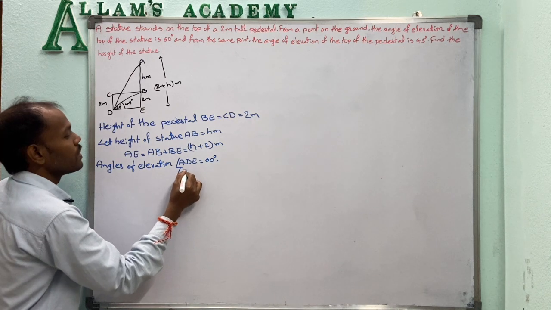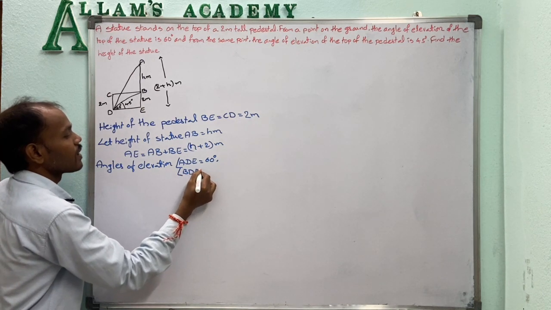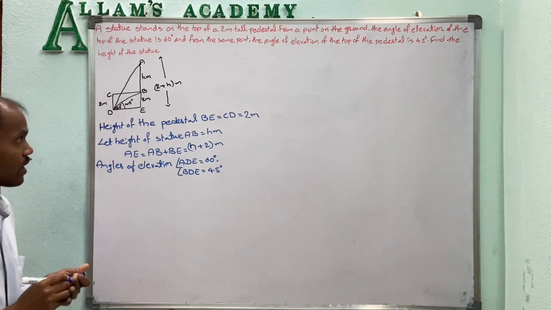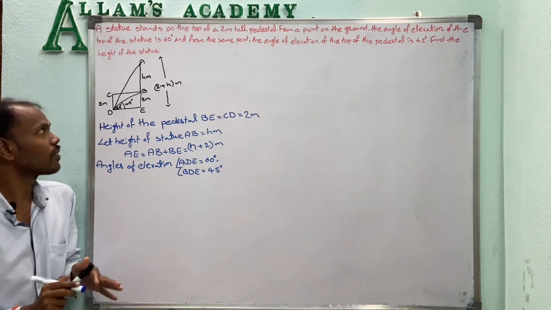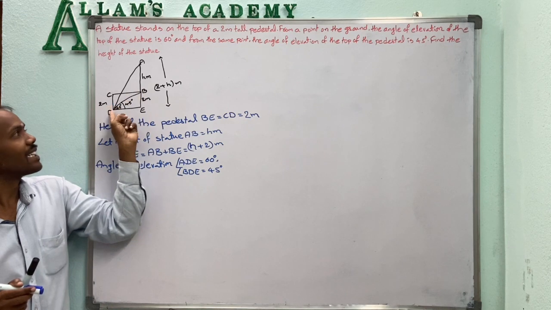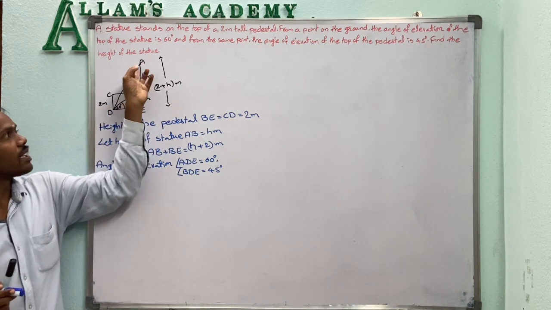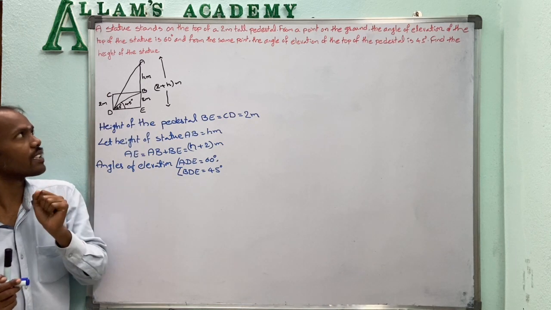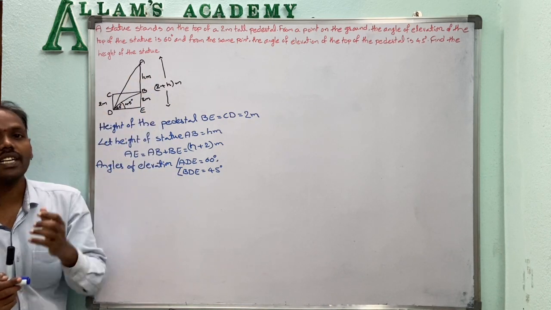Angle BDE, that equals 45 degrees. Now, here BDE is one triangle, ADE is one triangle. By using these two triangles, we will find the height of the statue.